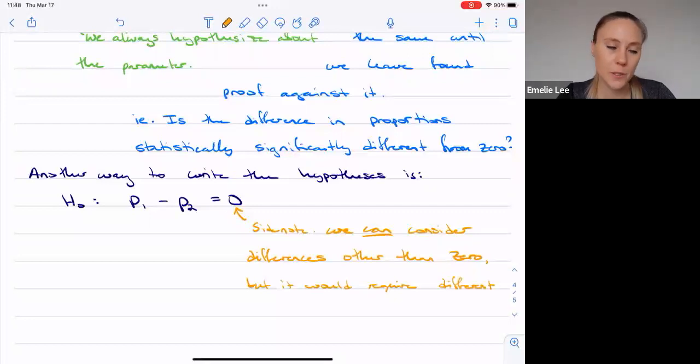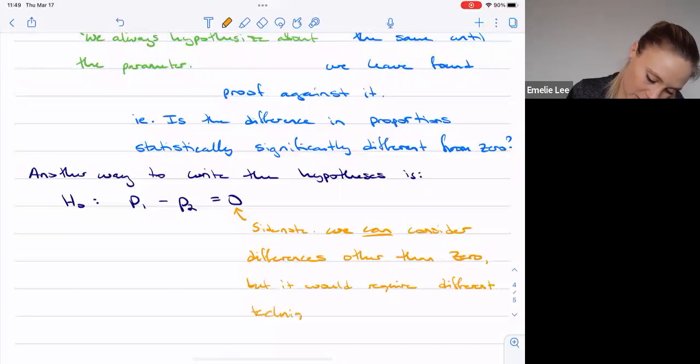For example, the pooled proportion only works if you're doing a difference of 0, so you'd have to get around that, with techniques not covered in this course.